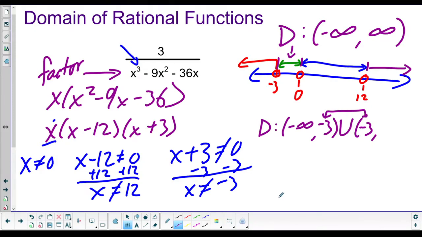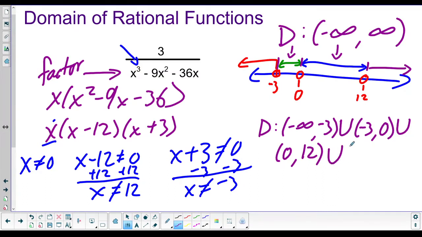That should pretty much always happen for rational functions when we're writing our domain. It goes from negative 3 to 0. Close that parenthesis because, again, it's a hole and we're not including the value. Union again because we're adding another section. This one goes from 0 to 12. Union. And then this one goes from 12 to infinity.